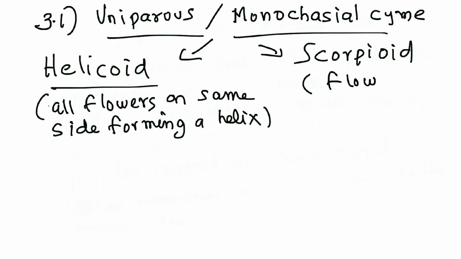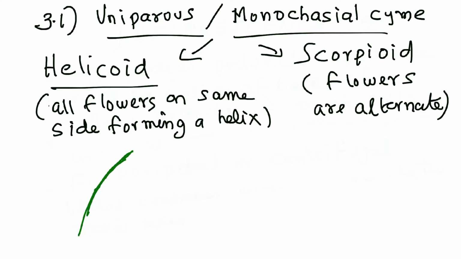Scorpioid, of course, indicates the scorpion, the insect. It looks like that kind of pattern, which simply means that the flowers are developing in an alternate fashion. So let's look at the diagram to get a keener and finer idea of what we are discussing here.